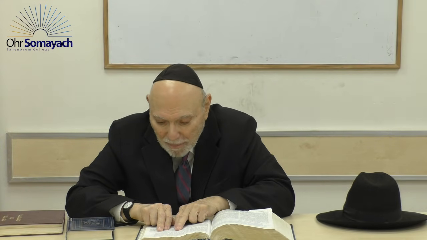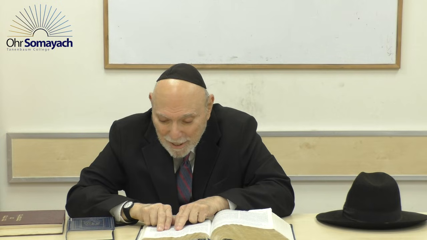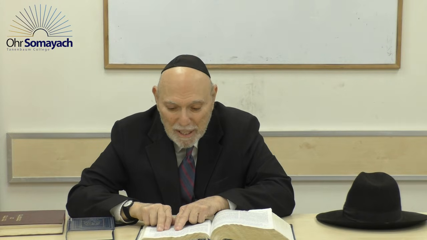So this is what Rashi is saying, that he wanted at least to mitigate the sorrow of the enslavement that was going to be by telling them the end, and it was not to be.